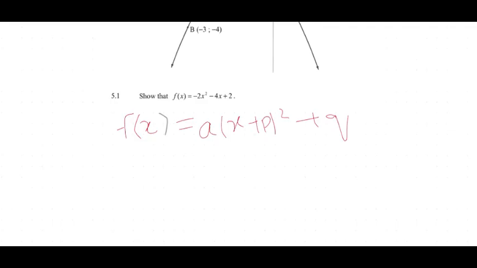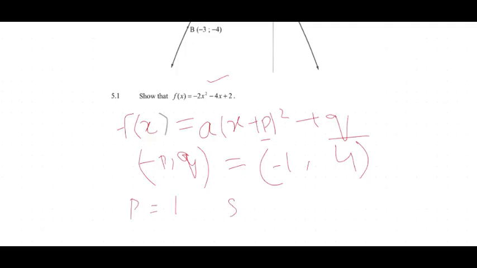Since the turning point is (minus p, q), which equals (minus 1, 4), I'm writing p equals 1 and q equals 4. I put the values in the equation.